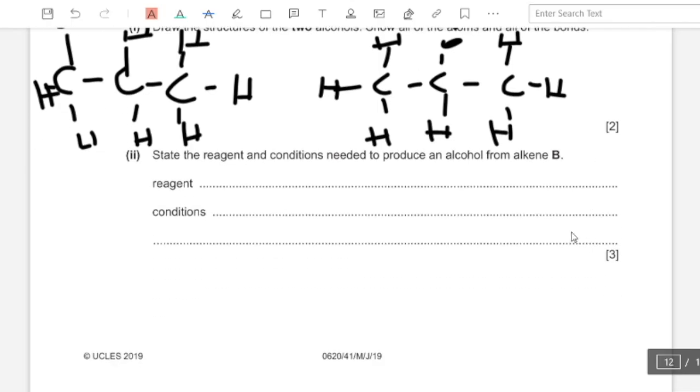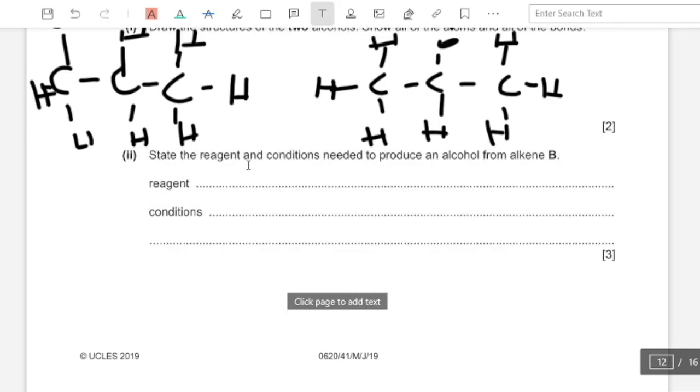2. State the reagent and conditions needed to produce an alcohol from alkene B. So we have 3 marks over here. We need to mention 3 details. The reagent is steam, and the conditions used are a temperature of 300 degrees Celsius, a pressure of 60 atmospheres, and a catalyst of phosphoric acid.